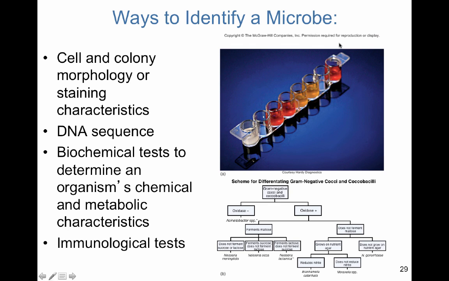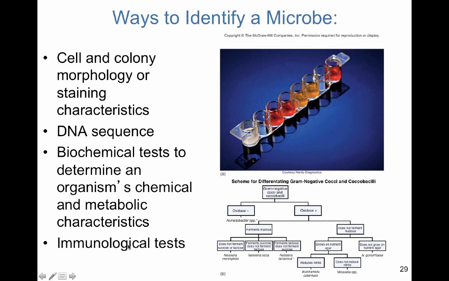And also biochemically, this is another great way to figure out what microbe you have in your hands, because every microbe indeed has a unique metabolic profile, just like every organism that exists in nature. So we are all unique in that sense. And then also, immunologically, this is basically just a fancy word for the antibody and antigen complex that you could test for.